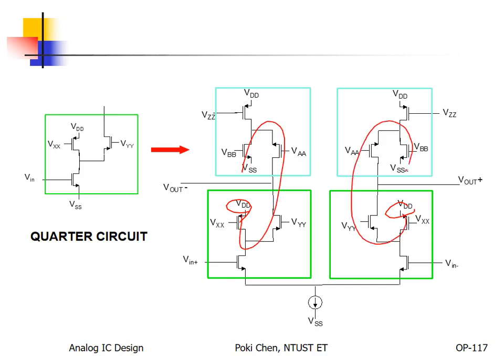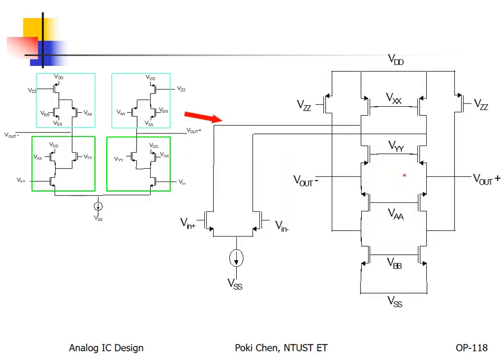I use my two hands to capture VDD, to pull it up, then shake it, because I want the overall circuit from VDD all the way down to VSS. Shake it, swipe. Then you will see this.